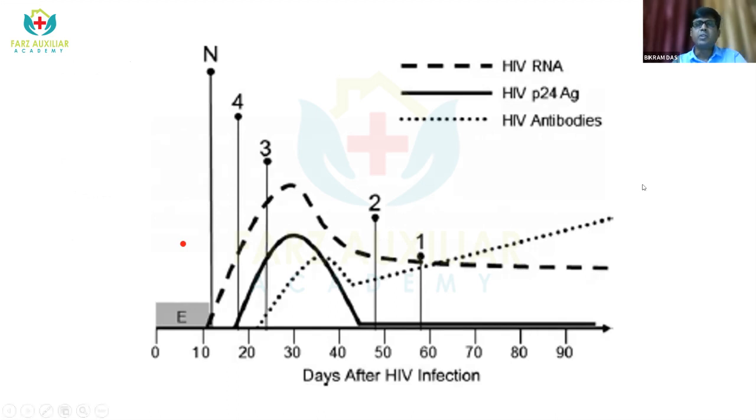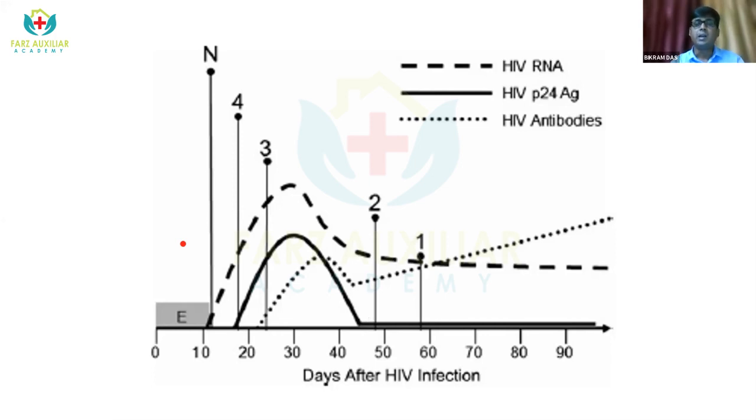This is the immune response of our body when we get a primary HIV infection. Approximately 10 days after infection, there will be a rise in HIV RNA, the viremia phase, and maybe 1 to 3 weeks after that, there will be a detectable HIV p24 antigen, which is very important in diagnosing HIV at an early phase in our 4th generation HIV testing.